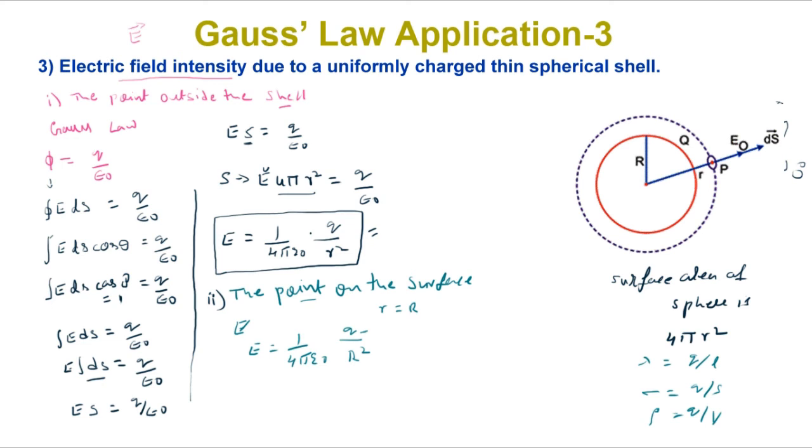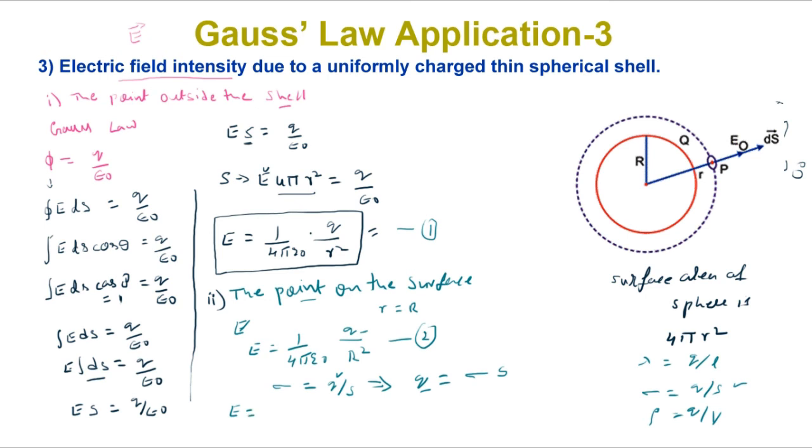Now I will take the surface charge density, sigma is equal to Q by S. I want Q, so Q is equal to sigma into S. Substitute this Q in the equation. For example, this is equation 1 and this is 2. Substitute in this equation, and see what you will get next.